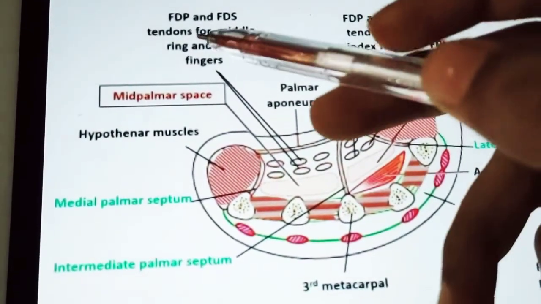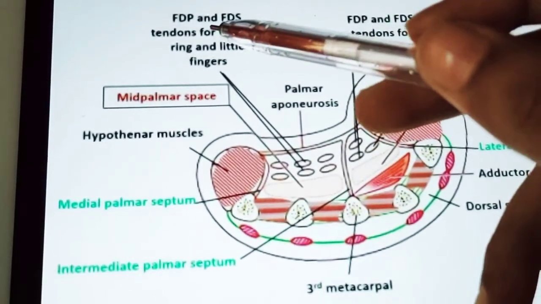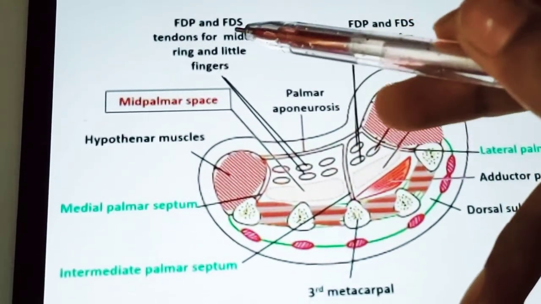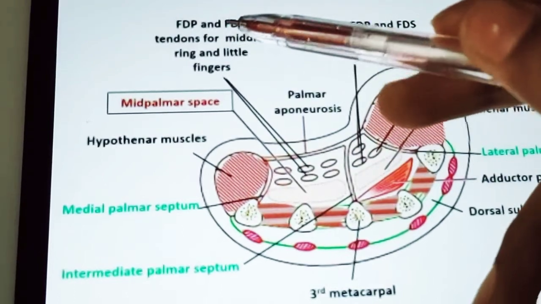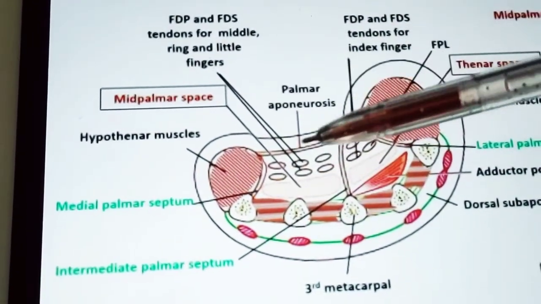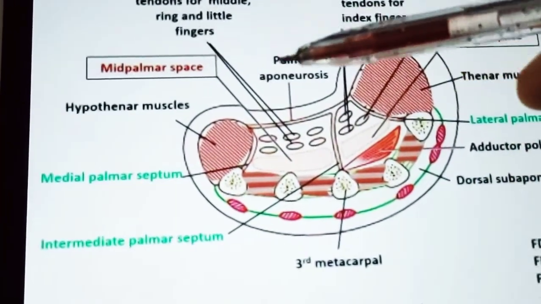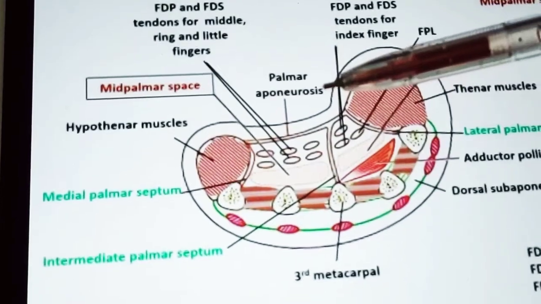Third, fourth, fifth are nothing but the middle finger, ring finger and little finger. Mainly you can see the tendons of flexor digitorum profundus and flexor digitorum superficialis of the middle, ring and little fingers, which are anterior to the mid palmar space, and also the palmar aponeurosis.